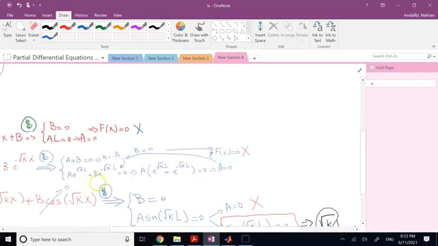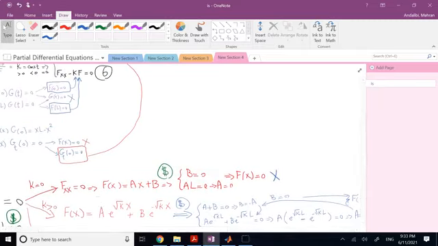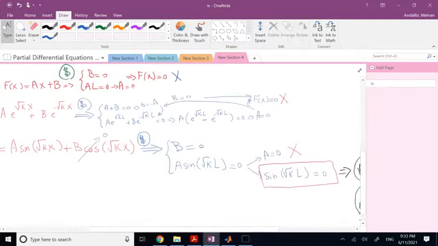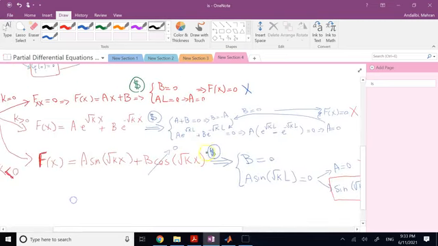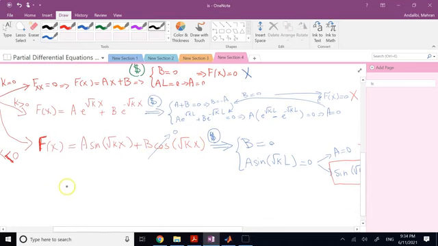We had 5 and 6. Let me call it 7 if you don't mind. If I plug this 7 back into this solution, then f of x will be what? It is going to be a times sine of n pi over L times x.